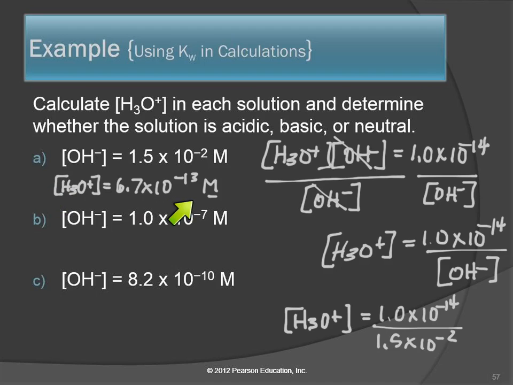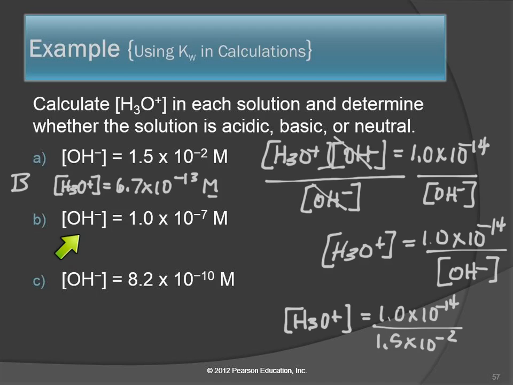Is the hydronium ion concentration greater than 10 to the minus 7 or less than 10 to the minus 7? It's less. So hydronium is less, hydroxide is more. Hydroxide is base, so this is a basic solution. So I'll write B for basic.